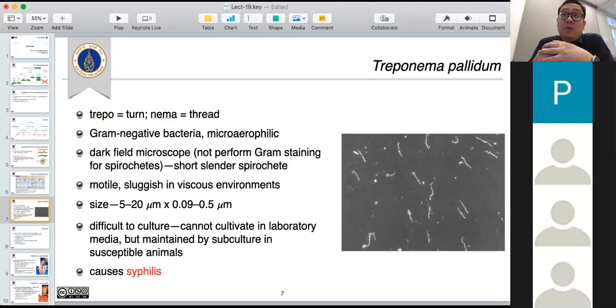In this case, we use rabbit. So to maintain that, we just infect a rabbit and draw Treponema from the rabbit and infect another rabbit, to be passaged like this. The disease caused by Treponema pallidum is syphilis.